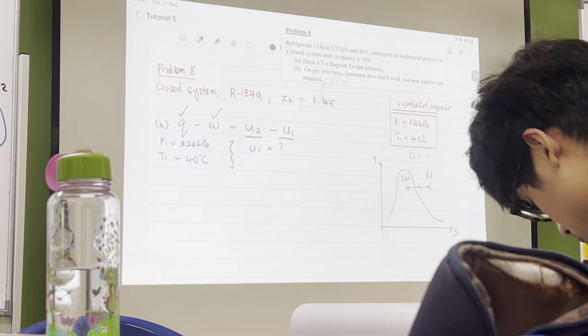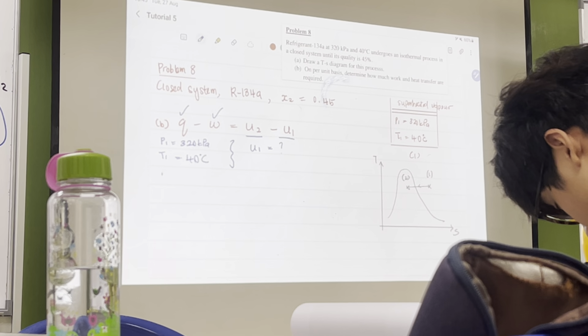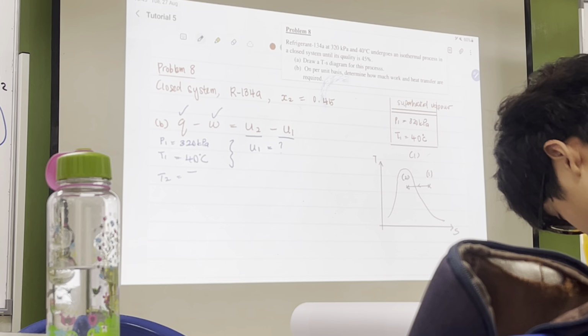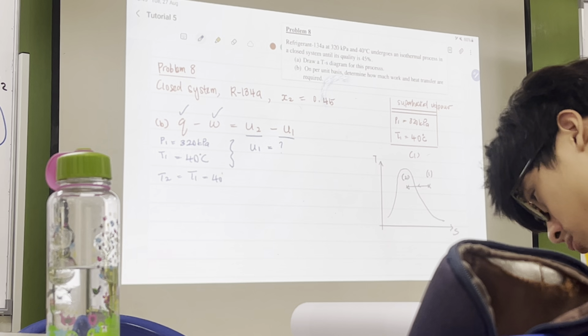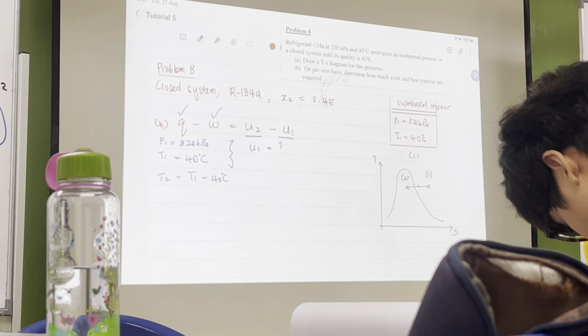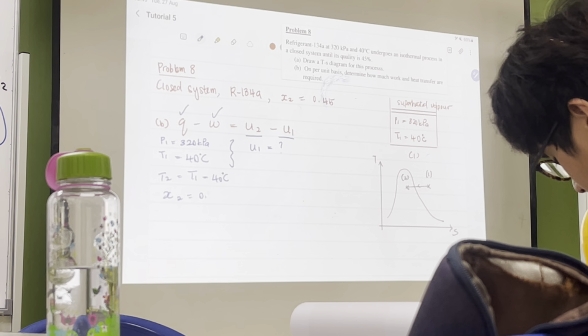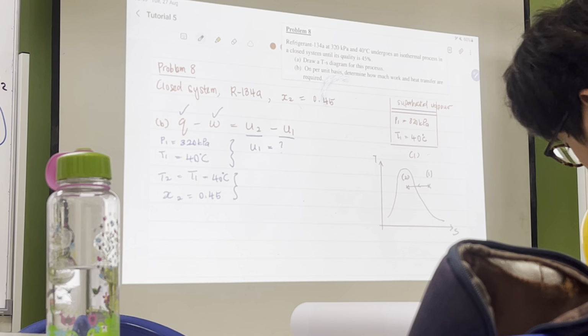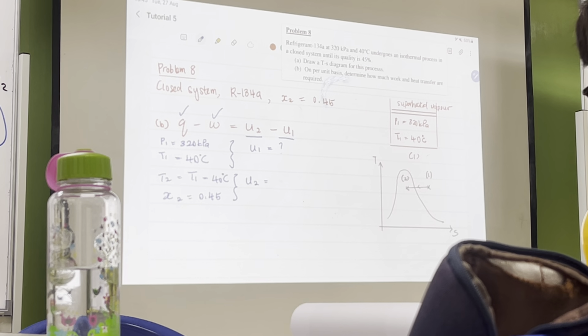Second state, we know that T2 is equal to T1, and x2 is 0.45. So from here, you can also get U2.